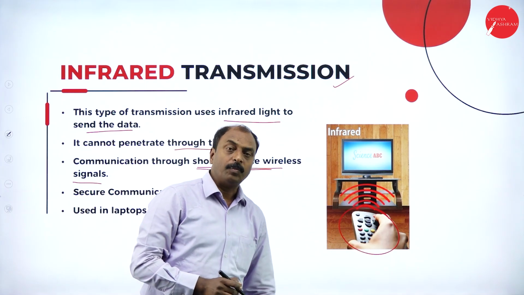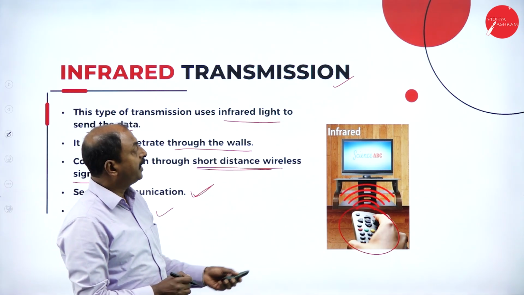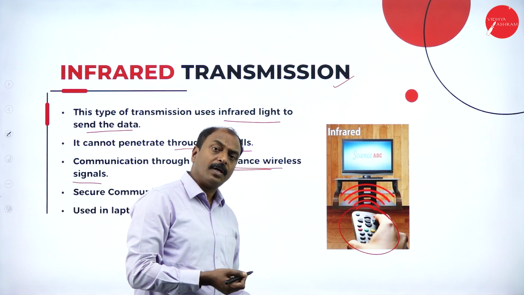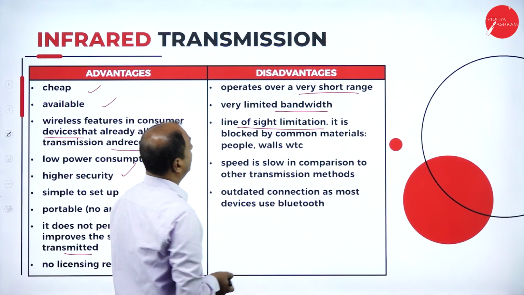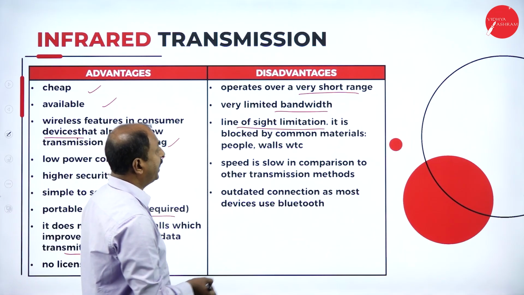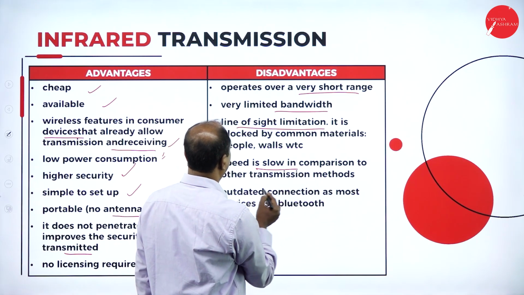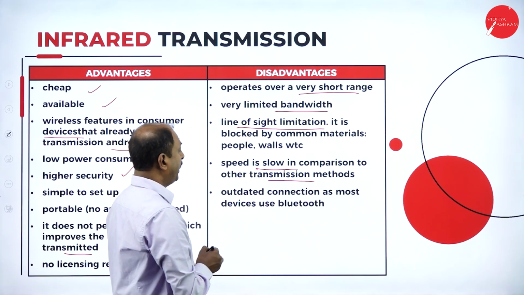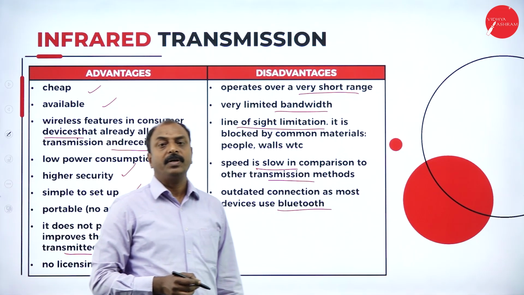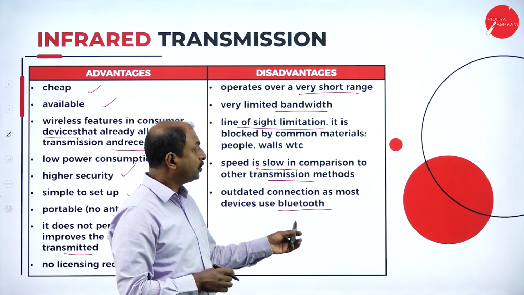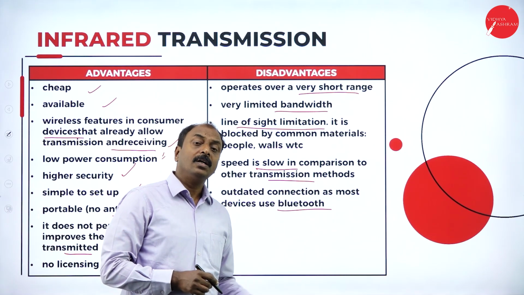If you use the remote from some other direction, it may not work. That is the meaning of the line of sight limitation. Speed is also very low compared to other transmission, and it is an outdated connection as most devices use Bluetooth. Nowadays we are using the newer technology, Bluetooth, because of this.